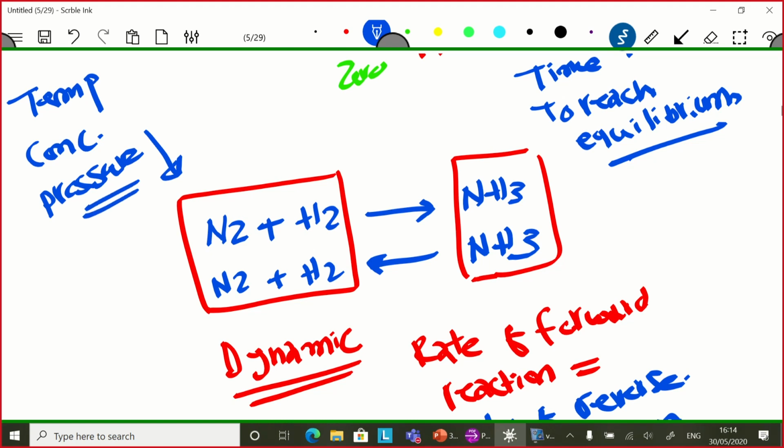When I say it's going to affect the equilibrium, I mean that if you vary any of these conditions after the system has reached equilibrium, this reaction may move forward or move backward, because you varied the condition at which this reaction had reached equilibrium. Okay.